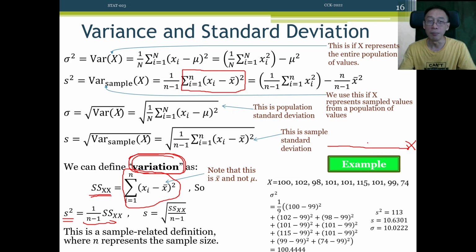For simplicity, I'm just going to use x bar first. So let's suppose x bar is 10. Okay, so this is our x bar after calculating and finding the mean.